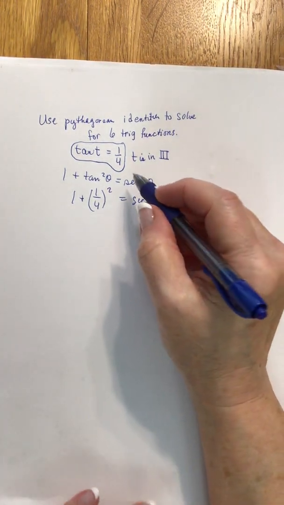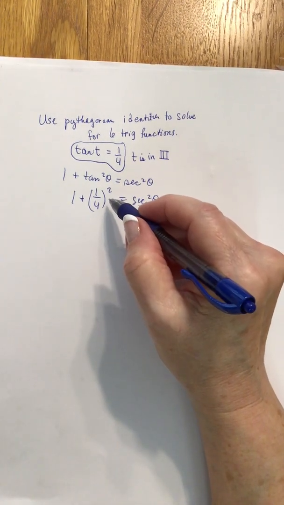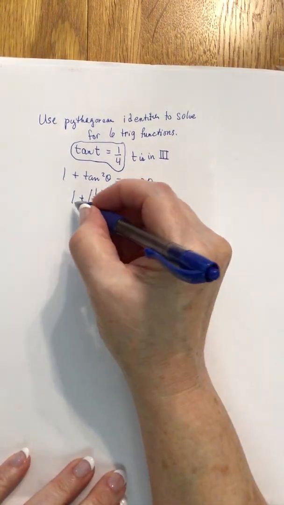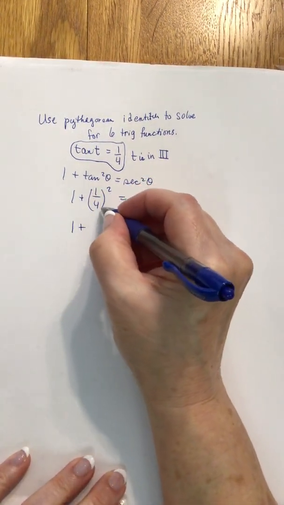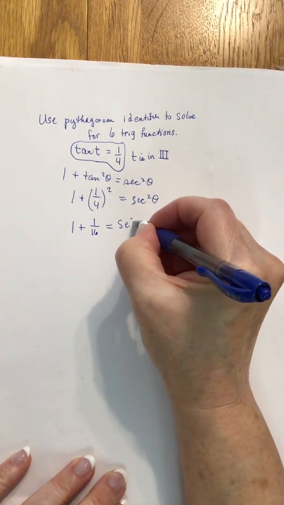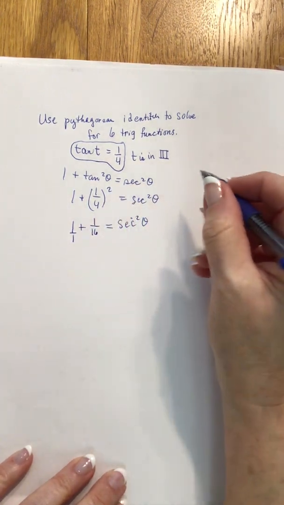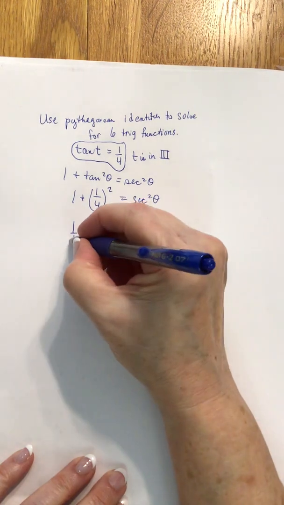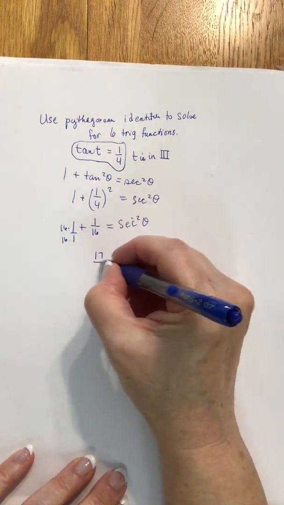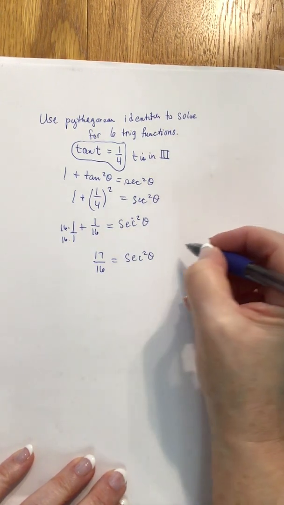So now we're going to simplify. I get 1 plus 1 squared over 4 squared, which is 1/16, equals secant squared theta. Now for me to put these two together, I have to have a common denominator. So this is going to be 16 over 16. Plus 1 gives me 17 over 16 equals secant squared theta.